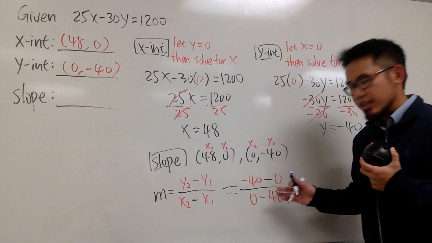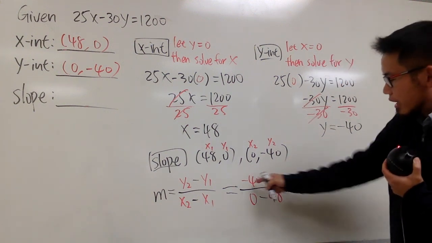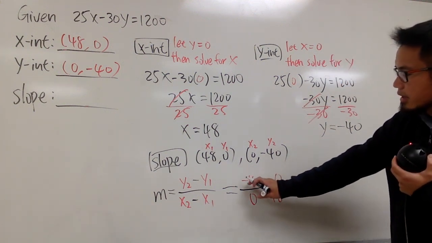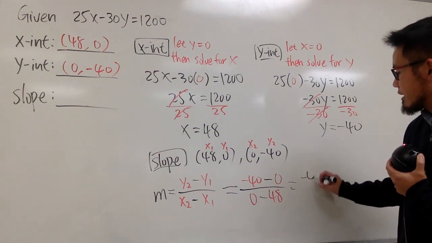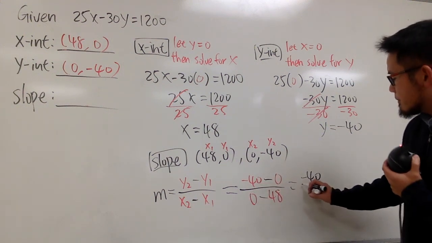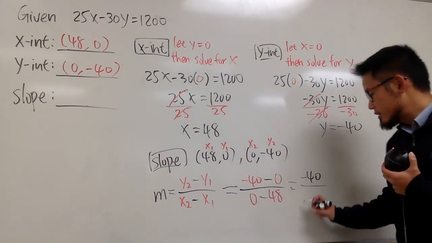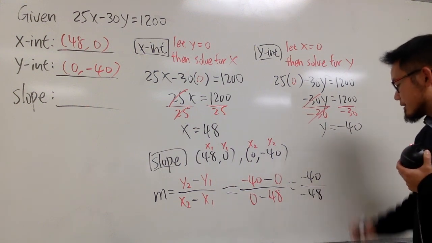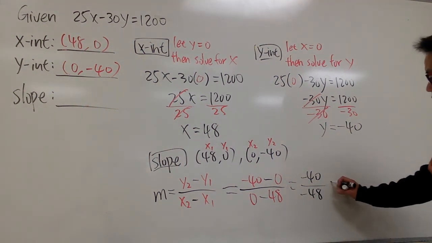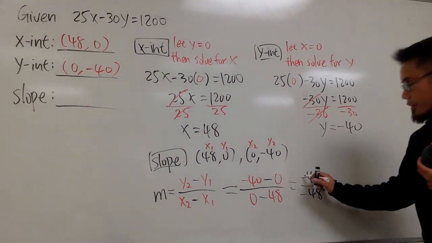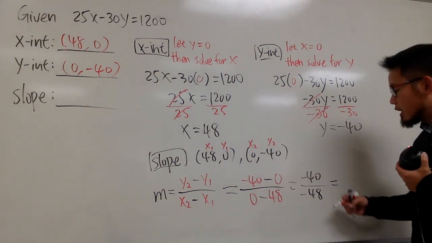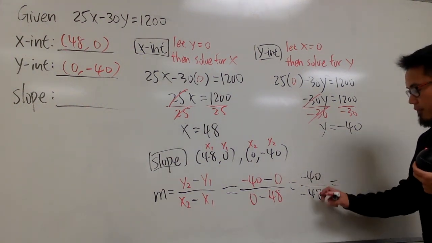So this right here is what we have. And now take a look on the top. This is negative 40 minus 0, so we have negative 40. And then on the bottom, we have 0 minus 48, so that's negative 48, okay? So in the end, we know that negative will give us positive, and then we have 40 and 48.